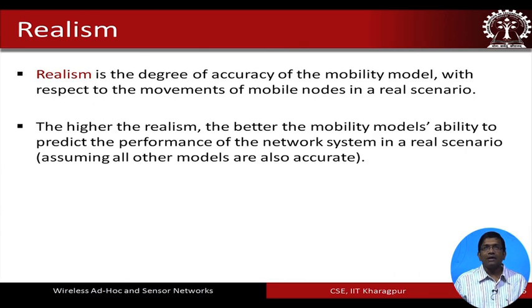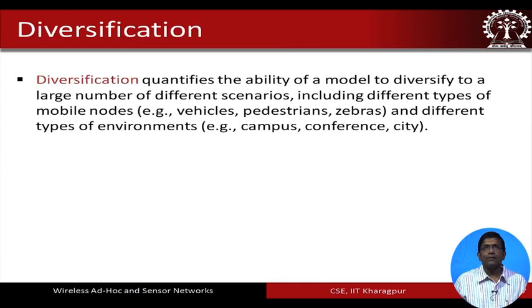In reality, what is going to happen, and trying to capture the degree of accuracy of the mobility model with respect to what is going to happen in a real scenario. So, basically the higher the realism, the better is the mobility model's ability to predict the performance of the network system in a real scenario, and that is quite obvious. I do not think that I need to elaborate further on this.